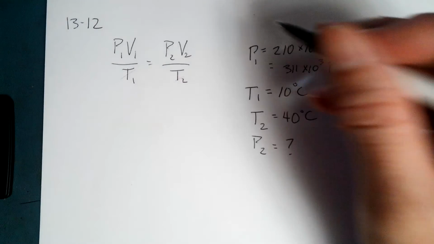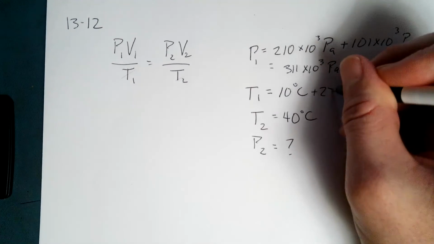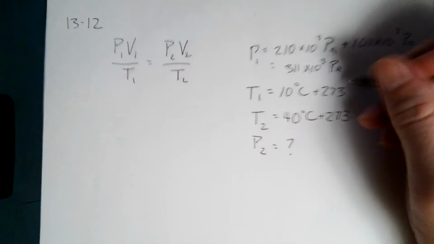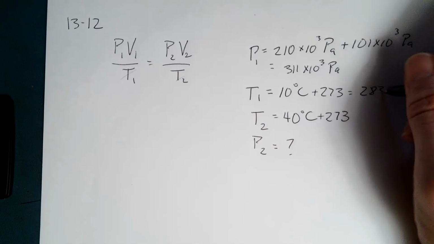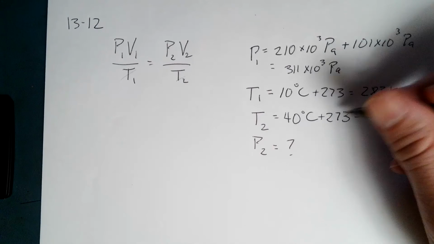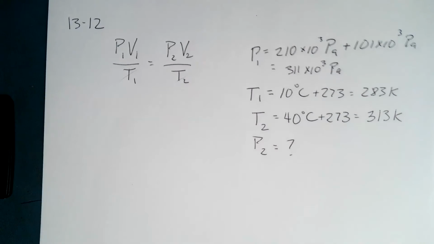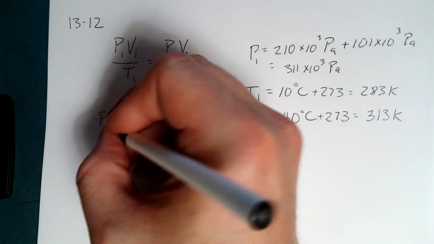These are T's by themselves, so not delta T, so you have to add your 273. Let's see, 313. And then we're solving this for P2.